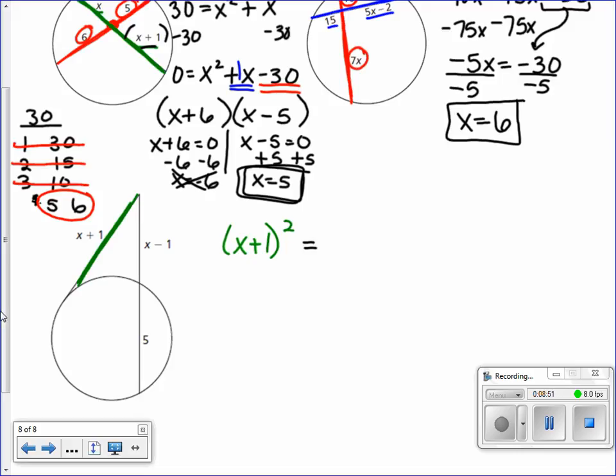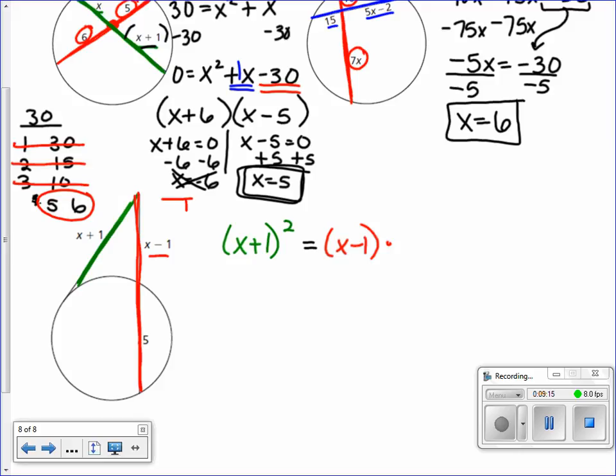And we set it equal to, and then we go to our secant segment. It's the outside piece times the entire thing. So on our secant segment, which one of those is the outside piece? So outside the circle, that would be x minus 1. Times, not times 5, it's times the entire thing.